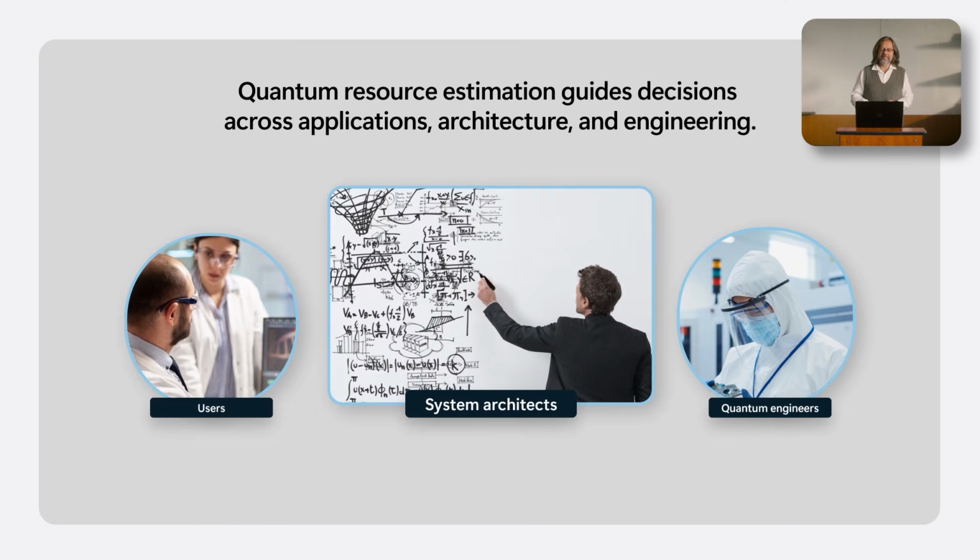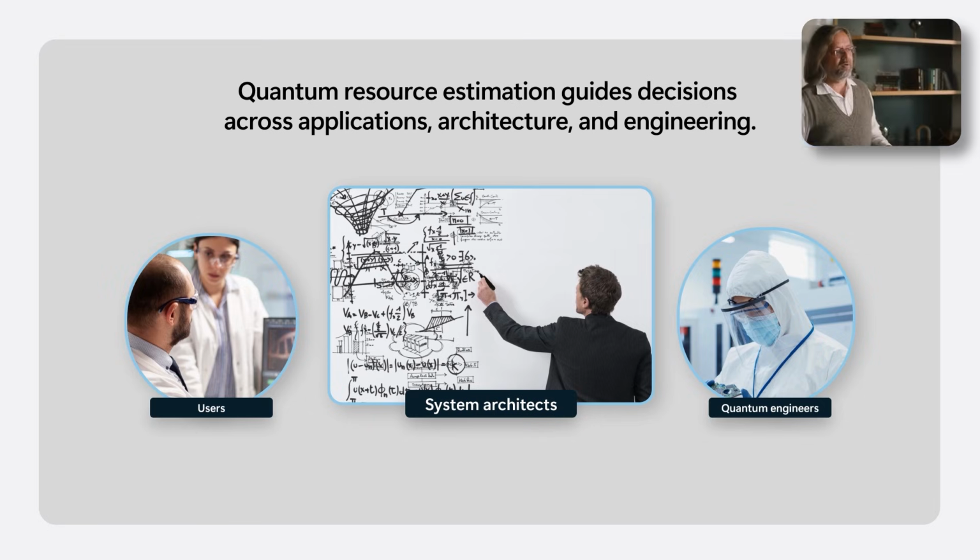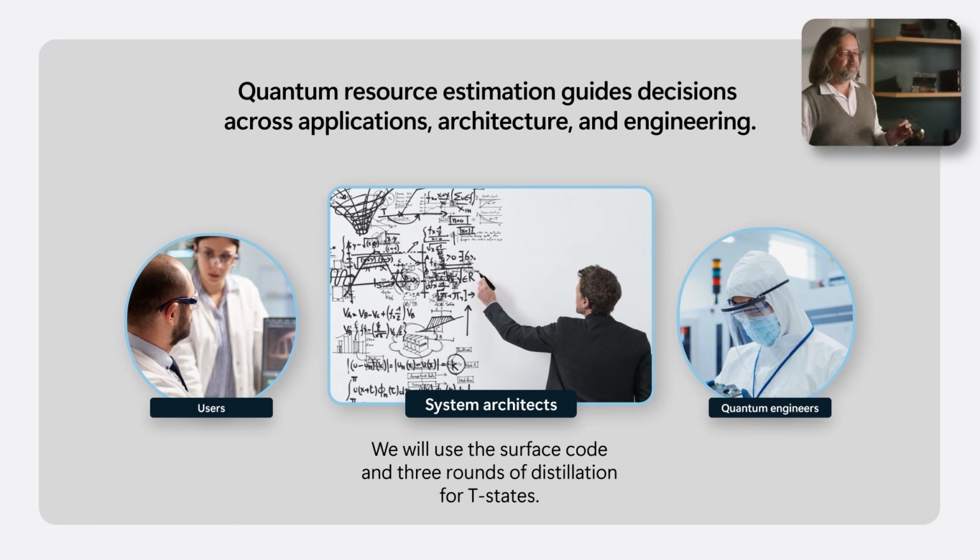The system architect looked at multiple different QC codes and found out that for the qubit type he looks at, the best code is the surface code, and he wants to do 3 rounds of distillation for the magic T state.